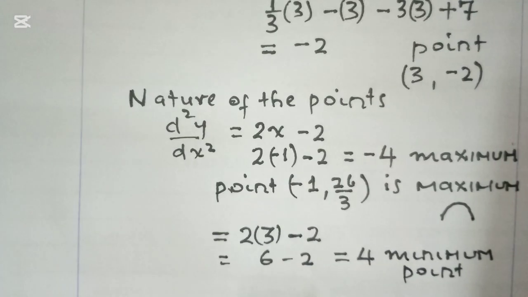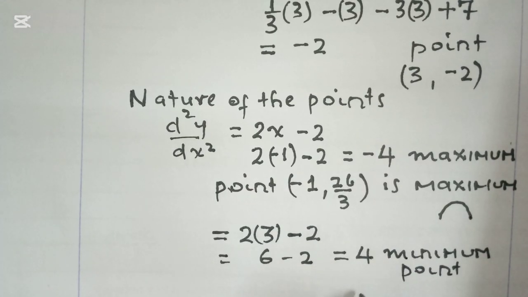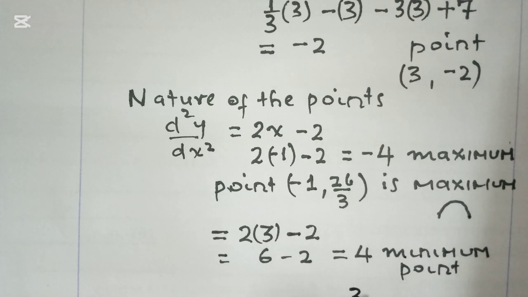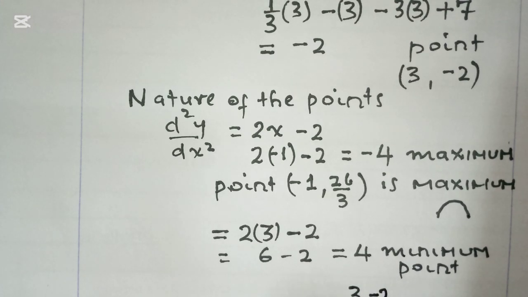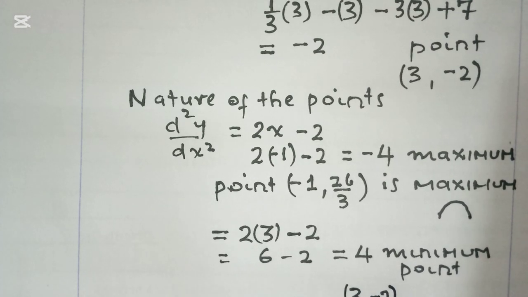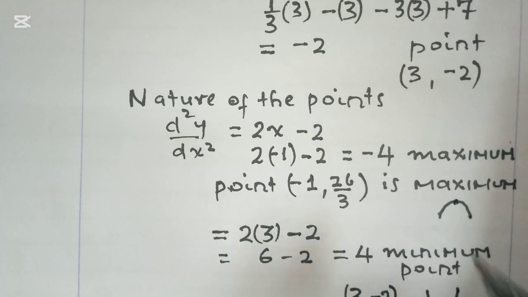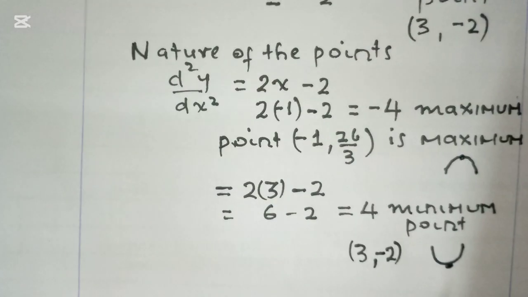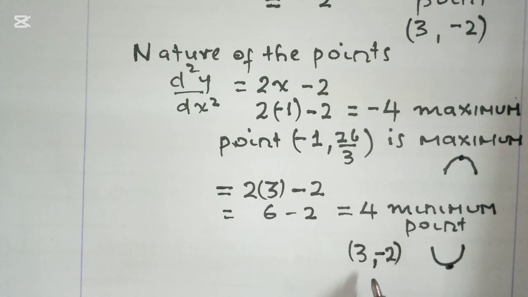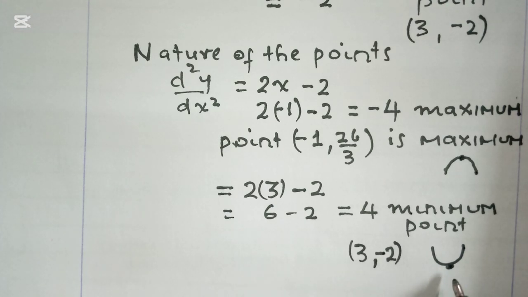The minimum point is (3, -2). So guys, our second point, with coordinates 3 and negative 2, is actually a minimum point.